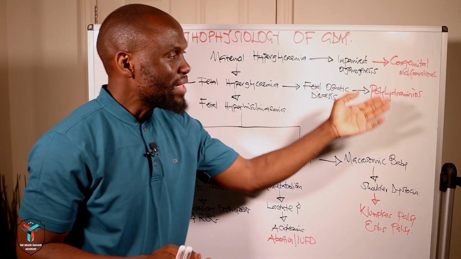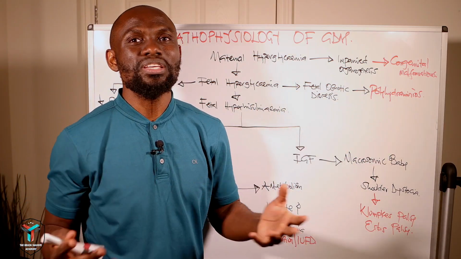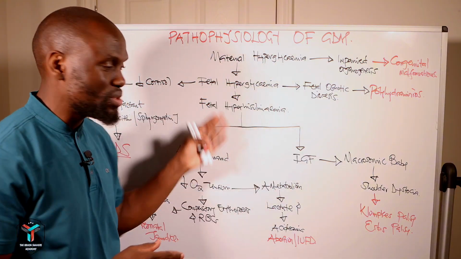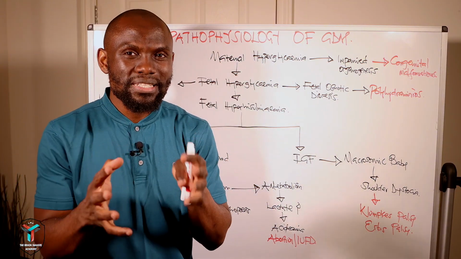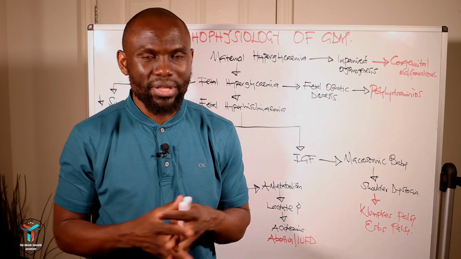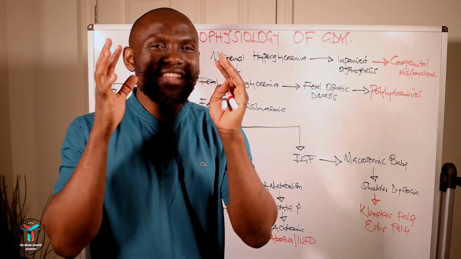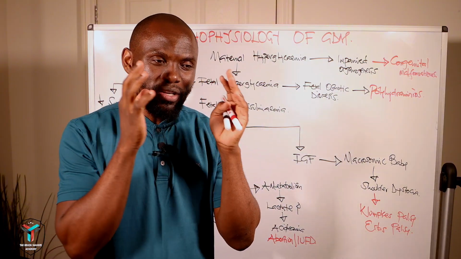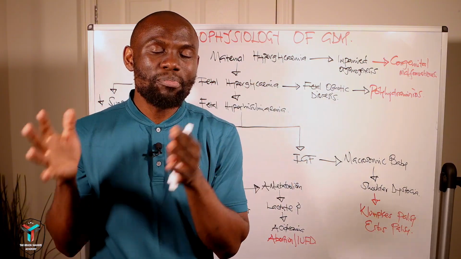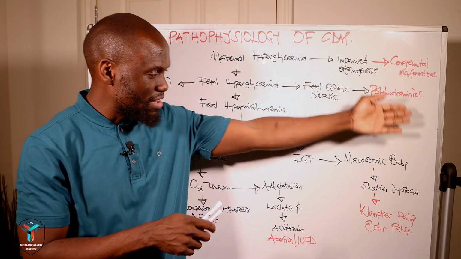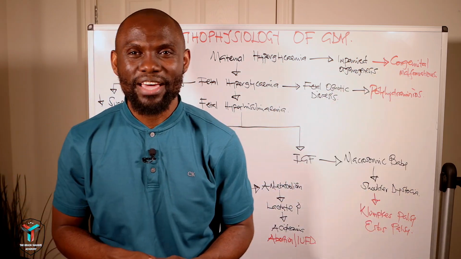You are also at risk of developing other conditions such as hypertensive disorders. Why? Because there is going to be alteration of how your placenta embeds and gets into the decidua, and then you end up with hypertensive disorders. Basically, this is the pathophysiology of diabetes in pregnancy, and this is how it gives you all these complications that we have talked about.